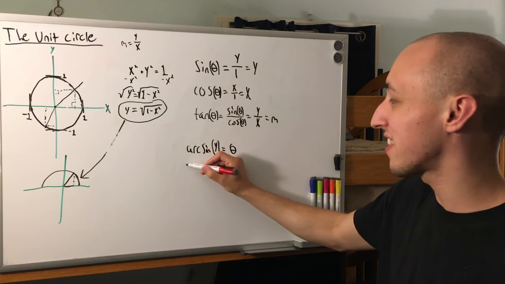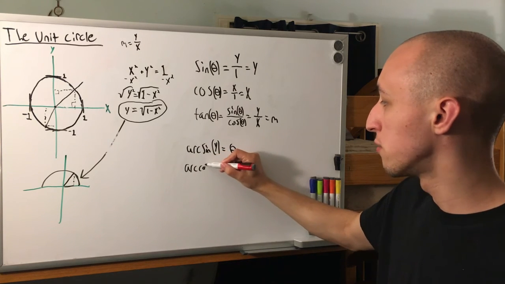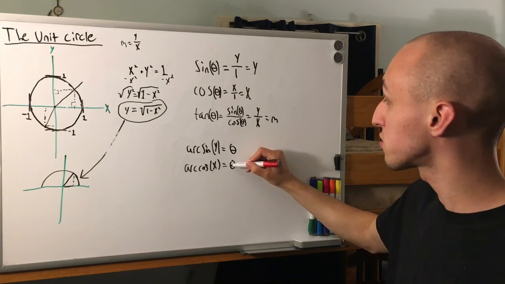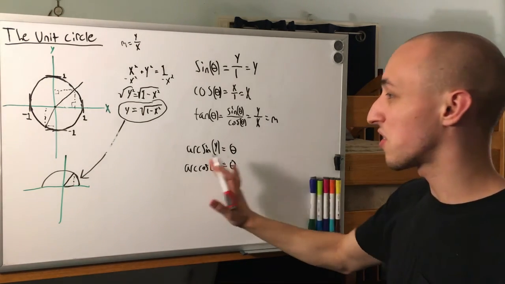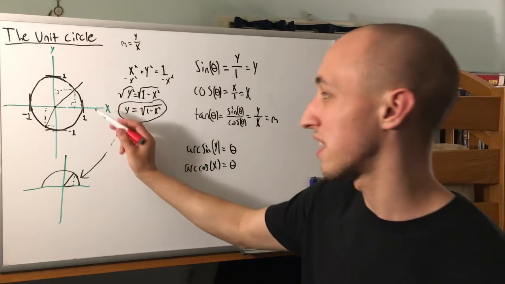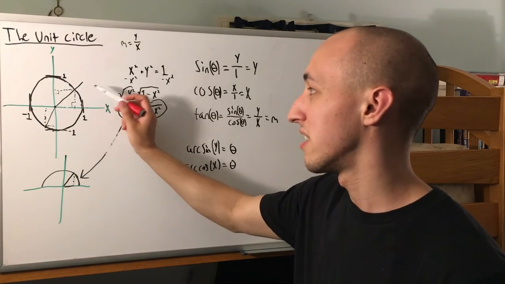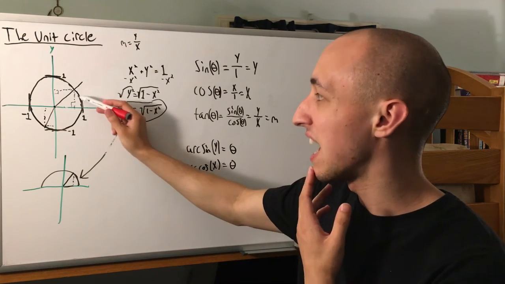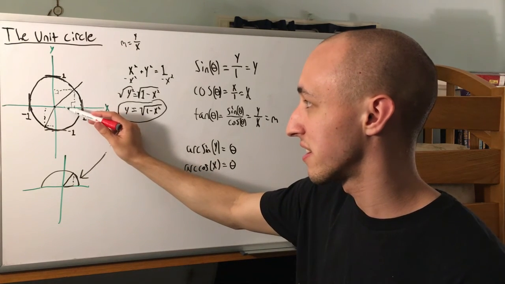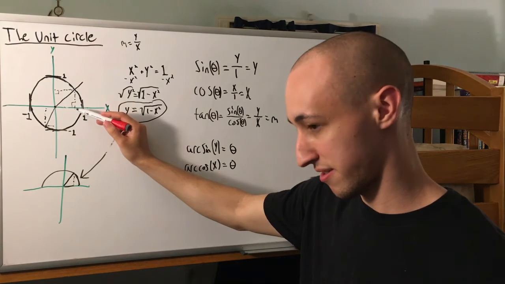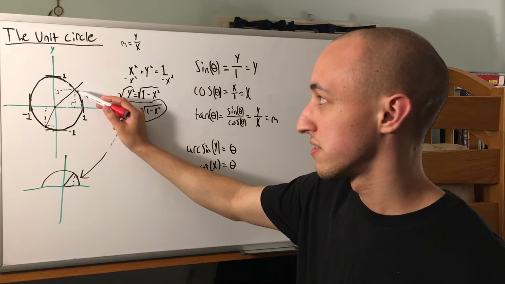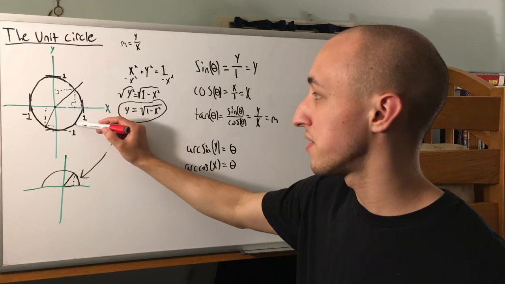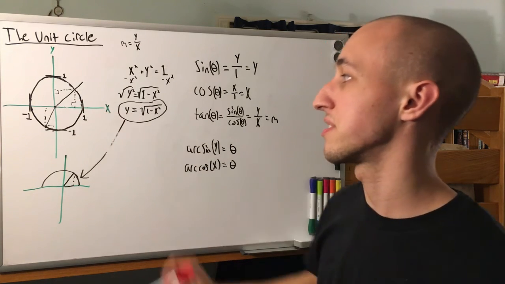And in reality, the arc cosine, when you take the arc cosine of x, that will also give you theta. This also has two different values, right? So when it comes to the x, there are two positive x values. Let's say, you know, it's, I don't know, square root of 2 over 2. All right, there's two different angles, and they're vastly different.